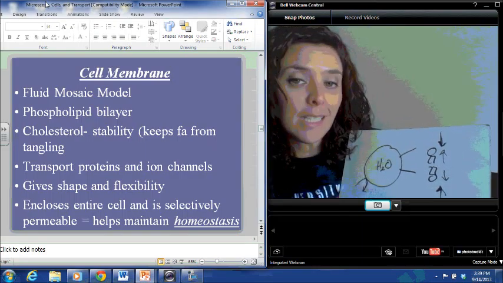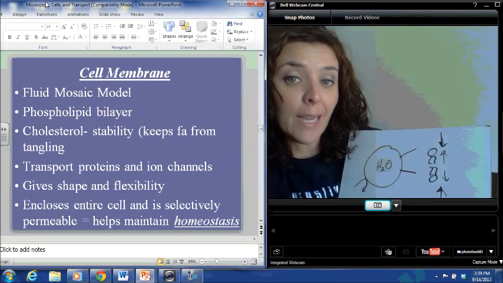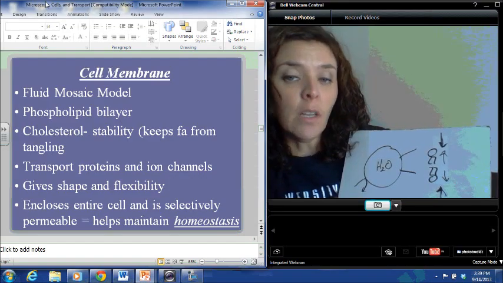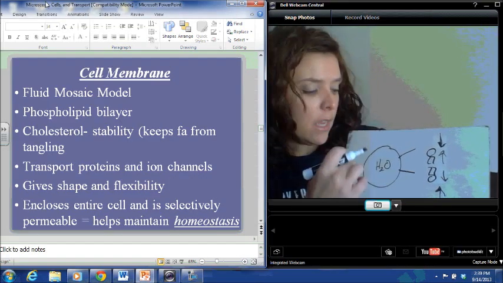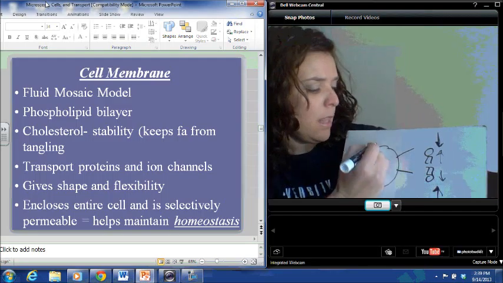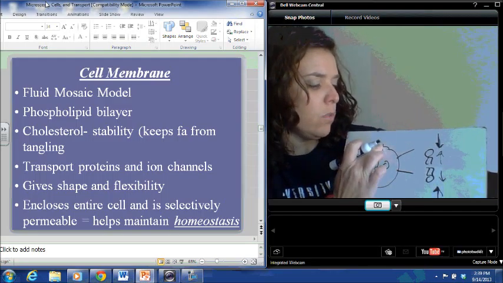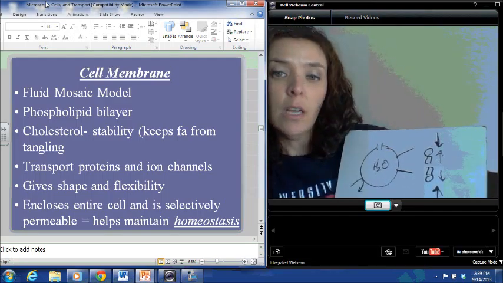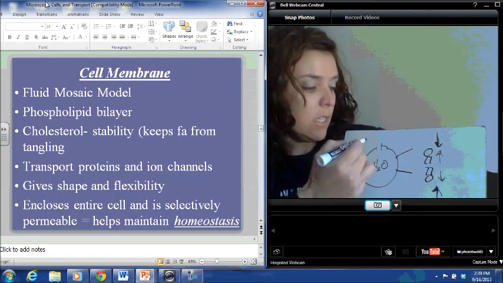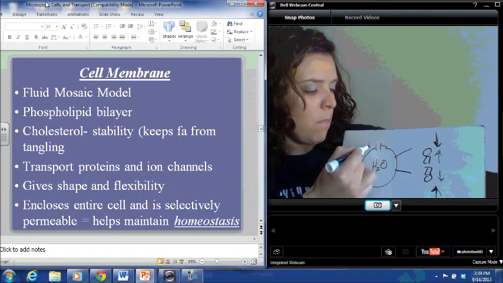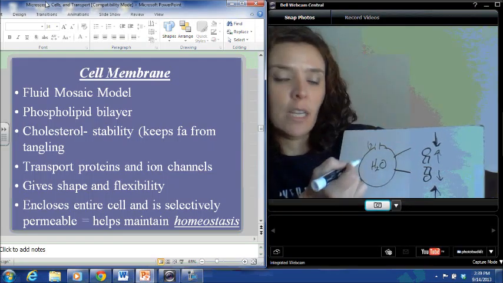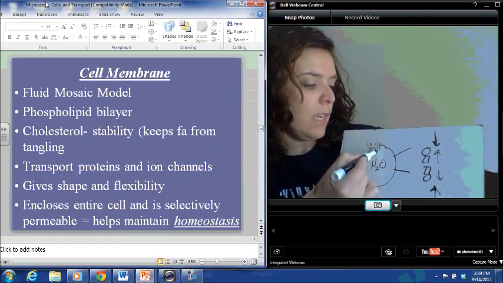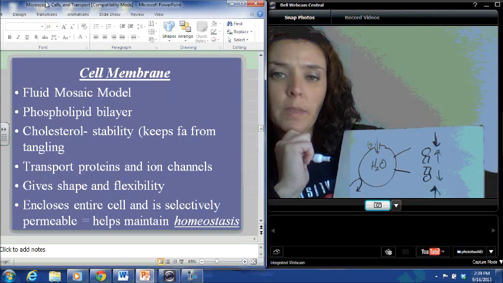There are some things that need to go in, but the membrane will not allow it. So embedded throughout the membrane are little protein channels or protein carriers. Sometimes something needs to go in where the membrane is going to reject it, so it needs a helper protein to allow it in.